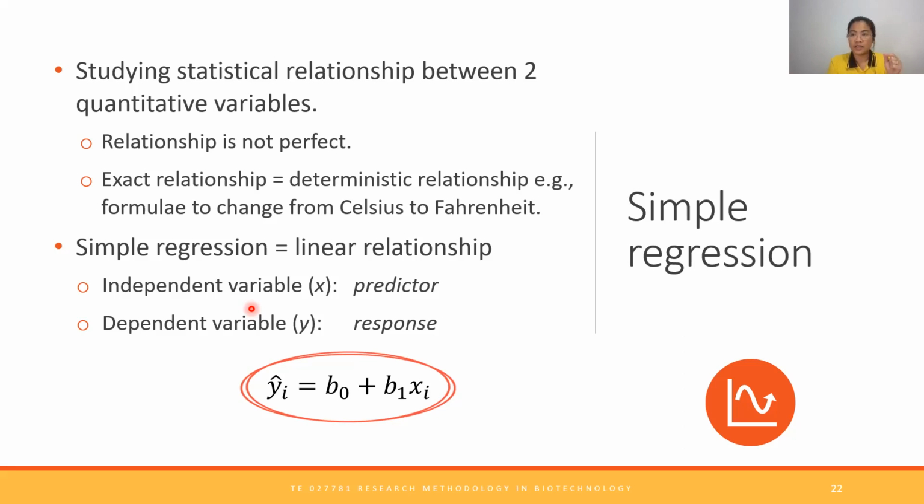And the response is the cell optical density, so it will change with the temperature. At a temperature of 20 degrees Celsius, you get this value of OD. Changing it to 30 degrees Celsius, you get a different value of OD. So the optical density is the response.